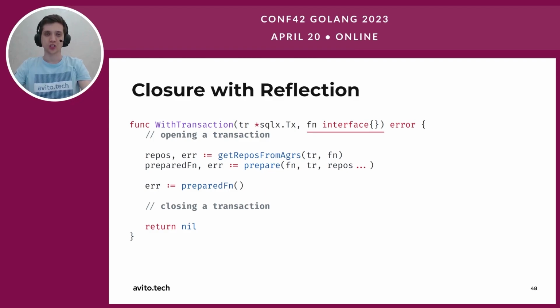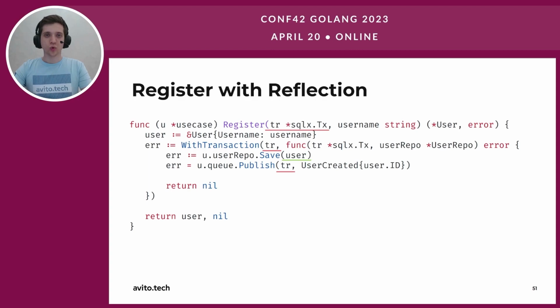Let's use a function with repositories as arguments in this transaction. We pass it in our closure, then the reflection retrieves a list of repositories and calls the method with the transaction to enrich them. As a result, we remove the argument with a transaction in the repository method.